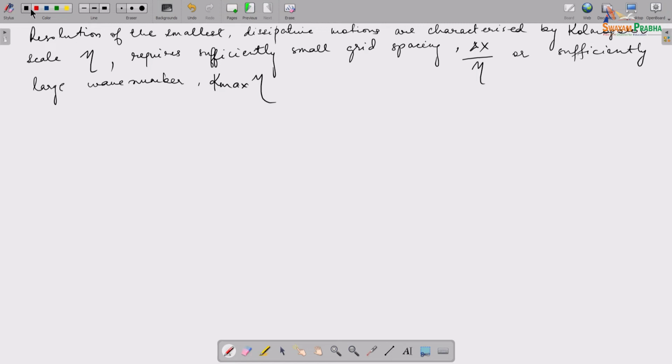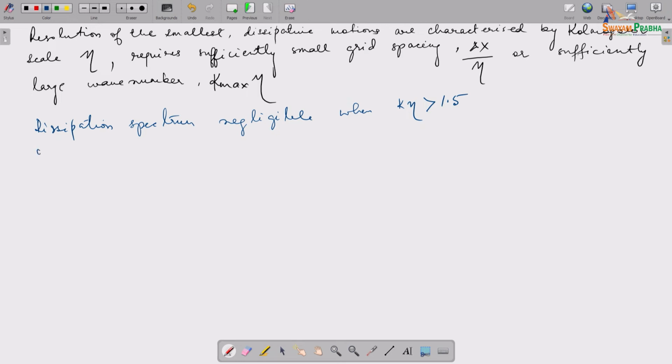The inference is that beyond that, the dissipation spectrum is negligible, hence this could be a good resolution to resolve the smaller scale.